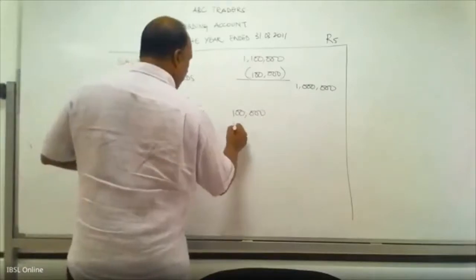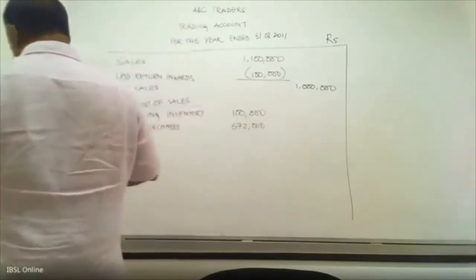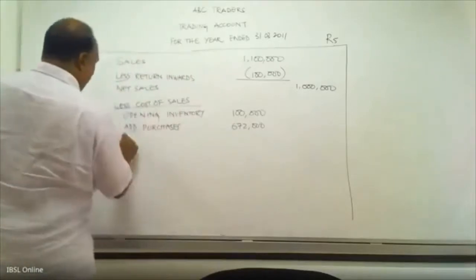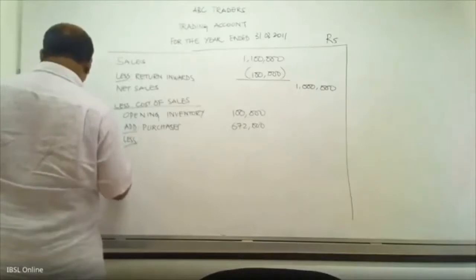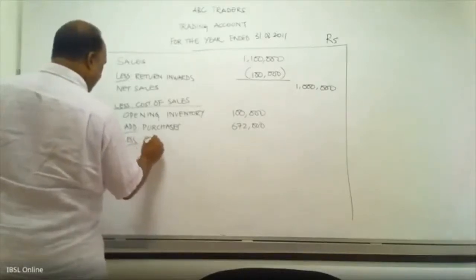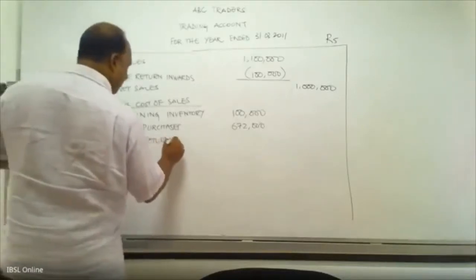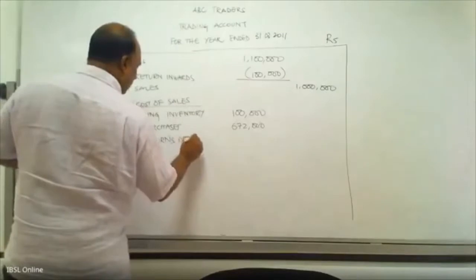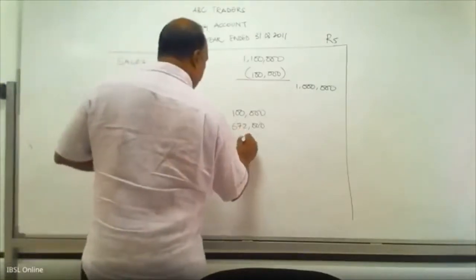So your purchase is about 672,000. Then you deduct returns outward. Return outward is purchase returns. So that is 72,000.